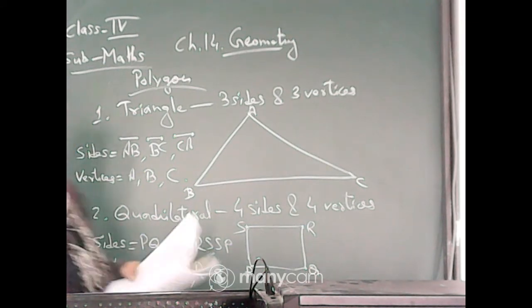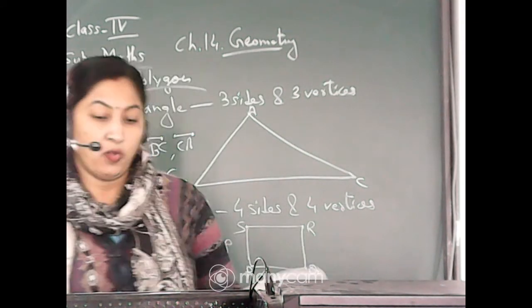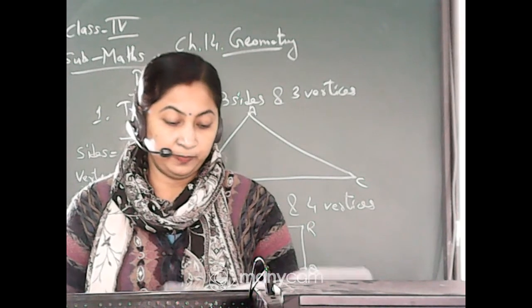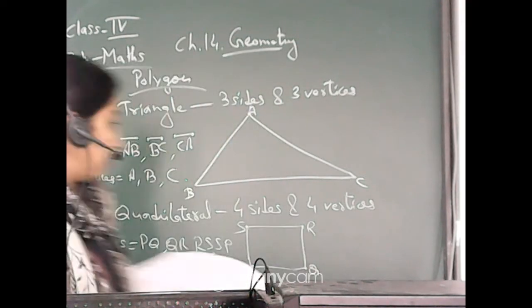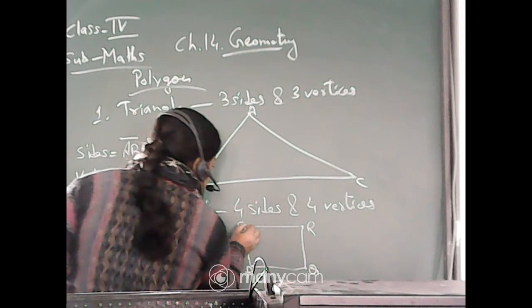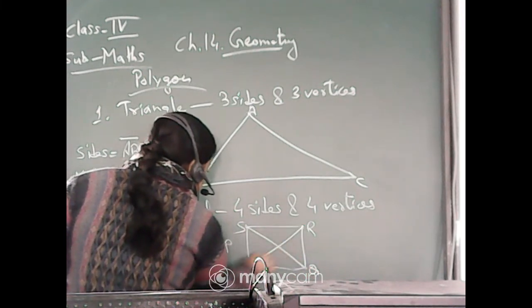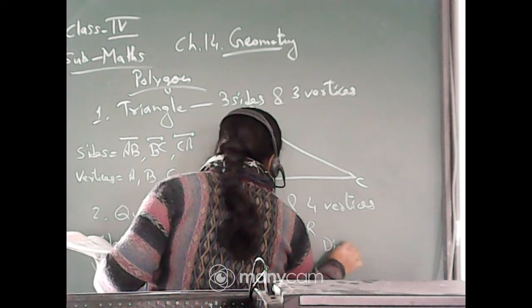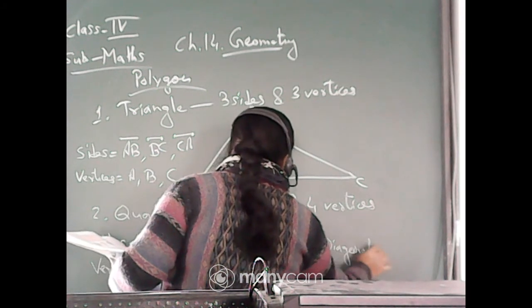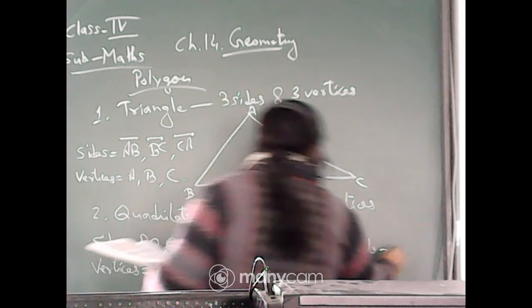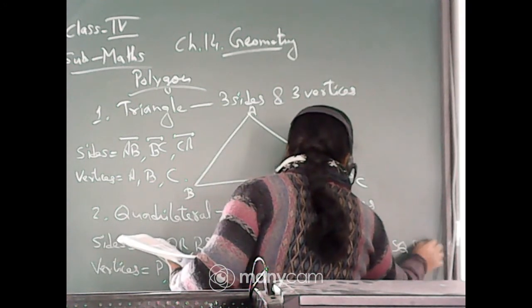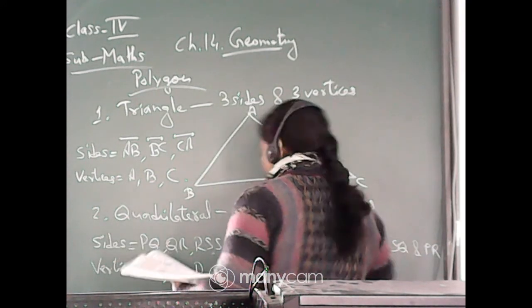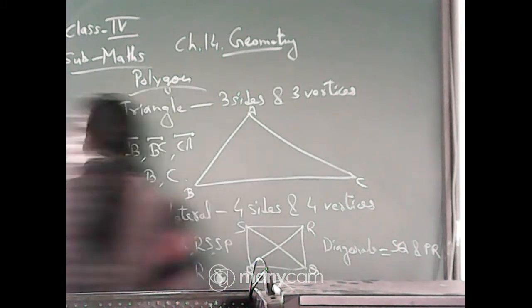Now the quadrilateral also has diagonals. If I join the opposite corners this way, S, Q, and P, R, these two are called the diagonals of the quadrilateral. Clear?